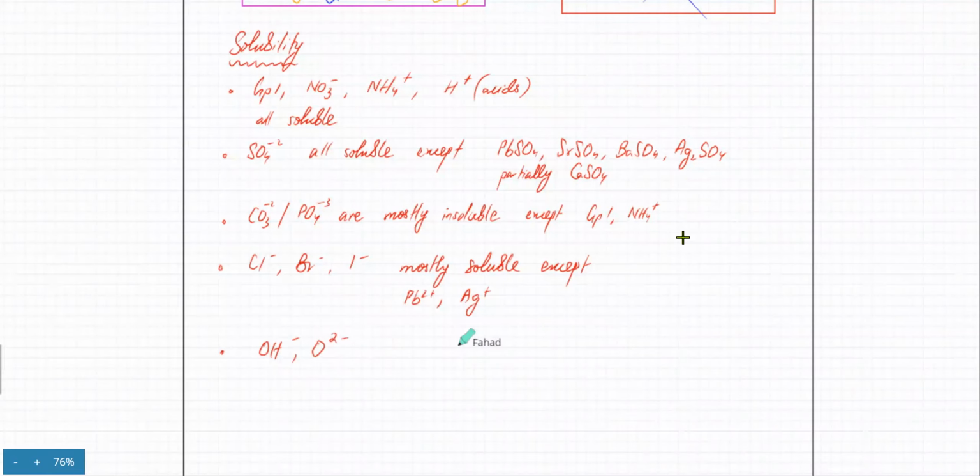Oxides and hydroxides are mostly insoluble except group 1, NH4+, and some in group 2.